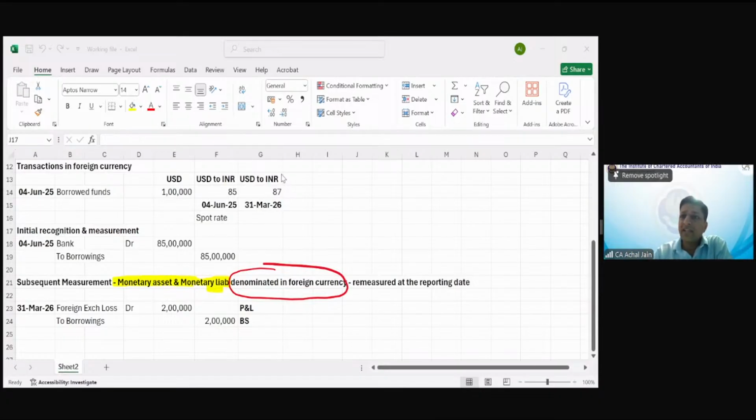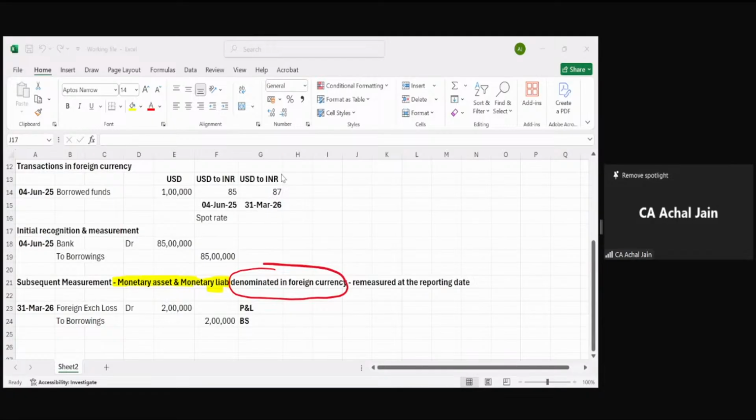Sure. Then I can see one more query coming up. I think Rohan has a query. Yes, Rohan. Sir, in case of subsequent measurement, we have already converted the borrowing into Indian rupees, so now it is not denominated in foreign currency.